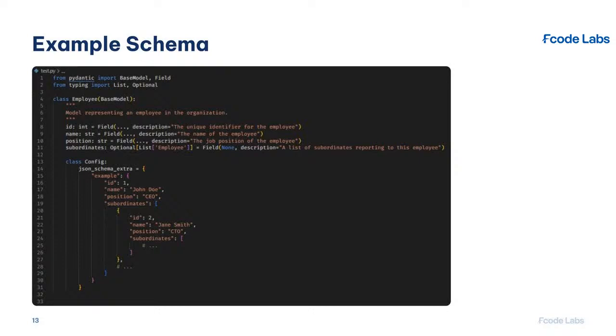So the process here is we are going to use Pydantic to generate a schema for us. So just saying I need the JSON output from the LLM will not work. We have to give a clear instruction of what the output should look like.